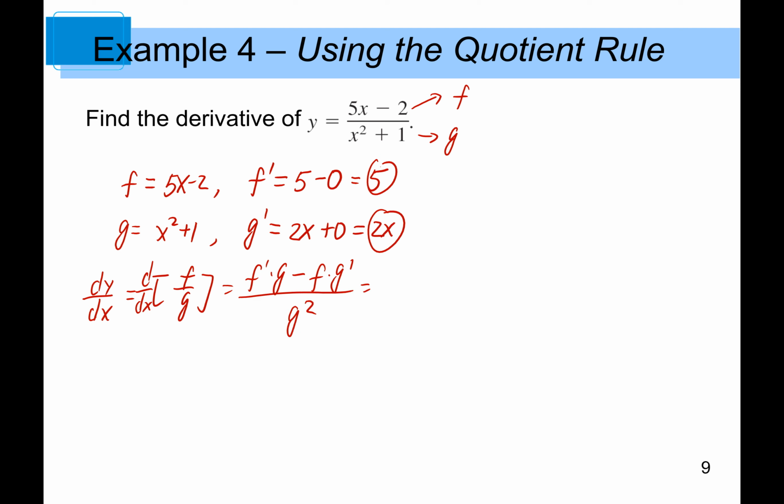Now just replace f, g, f prime, and g prime with the given expressions. So f prime is 5 times g, which is x squared plus 1, in parentheses, minus. Remember, notice that this is minus, not a plus. It's different from the product rule.